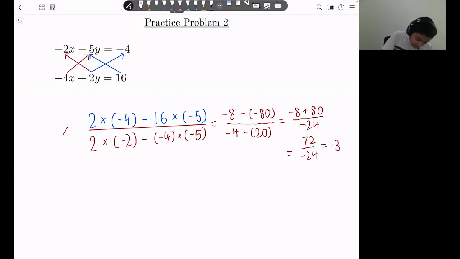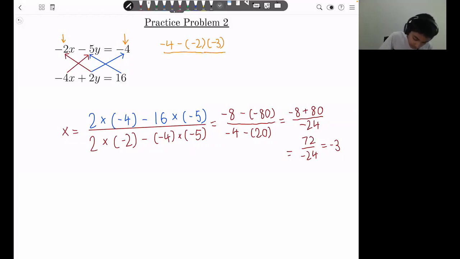So x equals negative 3. And then we do the same sequence of moves to get the value of y. We essentially substitute it back. So we do negative 4 minus the coefficient for x, so negative 2, times whatever quantity we got for x, so negative 3, divided by the coefficient of y.